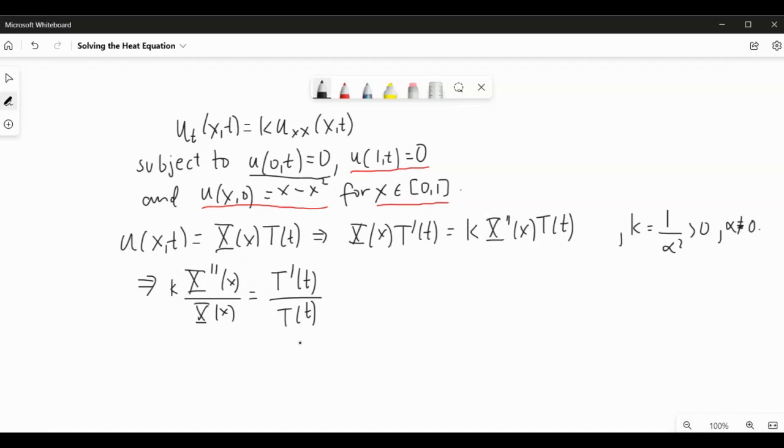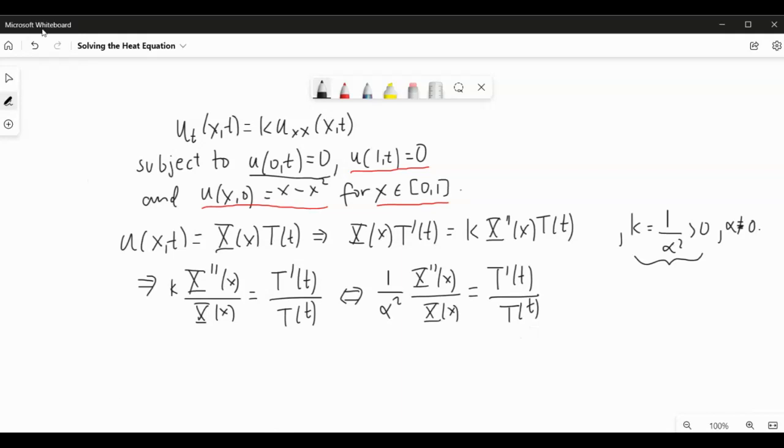Because of this assumption, we can also write 1 over alpha squared capital X double prime of x all over capital X of x equal to capital T prime of t all over capital T of t.